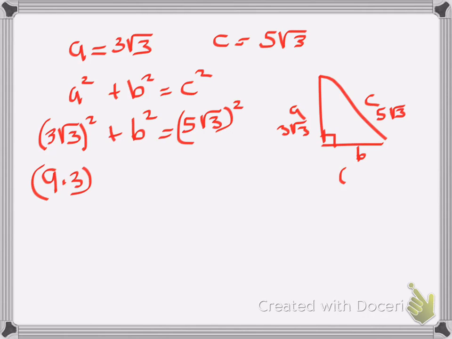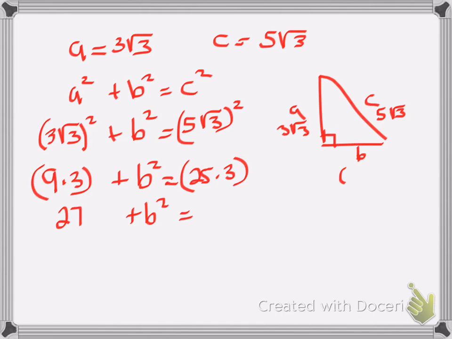You guys with me? When you square 5, what do you get? 25. And when you square radical 3? 3. So that's where he gets the 27 plus B squared equals 75.